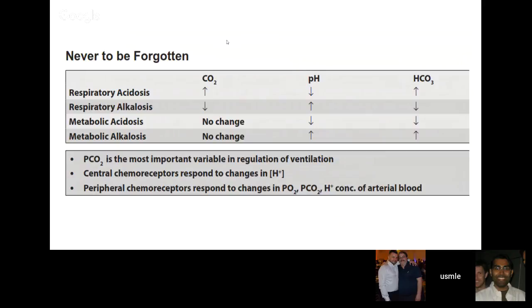So by now you should know that respiratory acidosis is about CO2 and metabolic acidosis is about bicarbonate or H plus that is increasing and bicarbonate that is decreasing. Always look for whether there is compensation or not. And remember that the compensation most commonly happens starting from 4 hours.